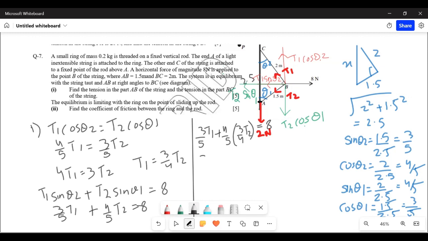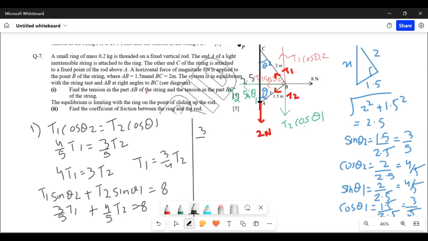So it's going to be, this 4 and 4 gets cancelled. So, okay, so I was supposed to replace T1 with 3 by 4 T2. So that's a mistake.